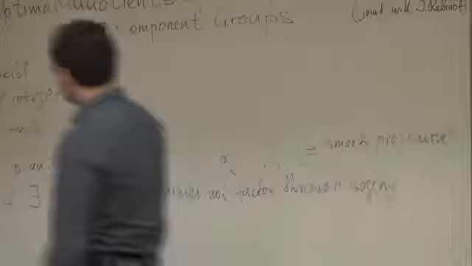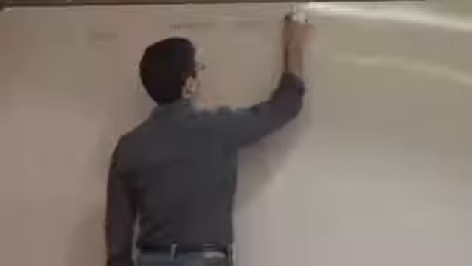So this is essentially equivalent to saying that, equivalently, the induced map from the Jacobian of X to E has connected and reduced kernel.